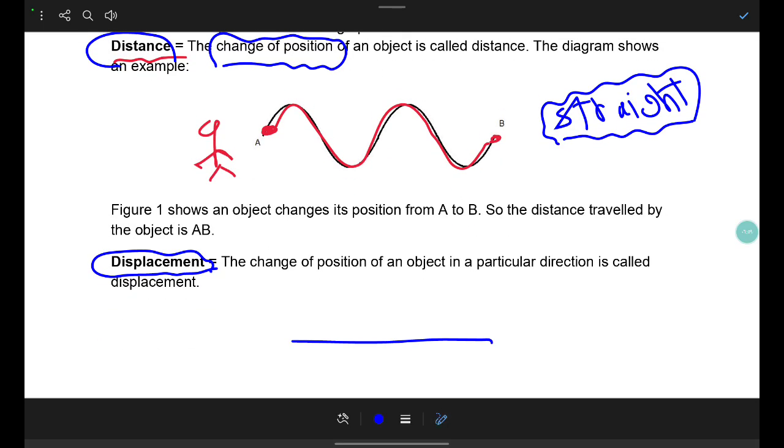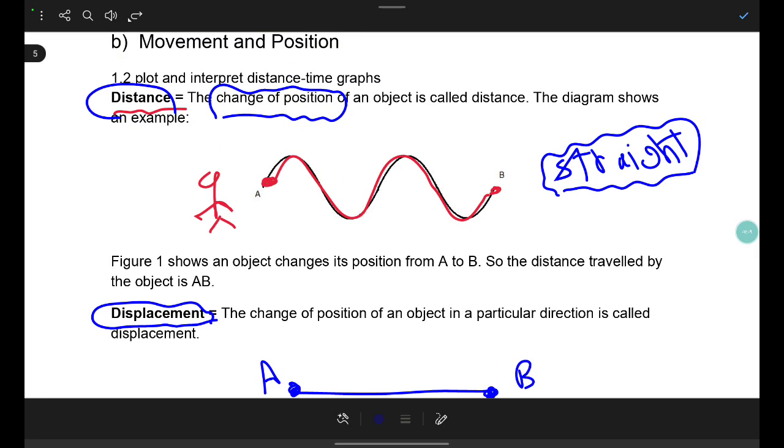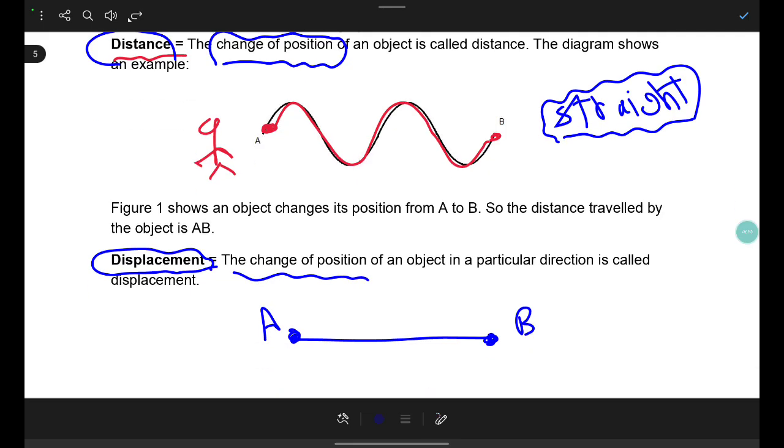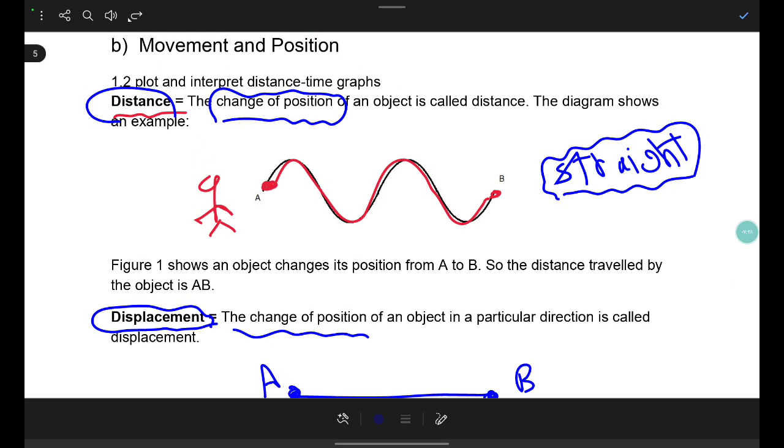Displacement is always a straight line from the starting point to the end. So distance, the change of position of an object, always isn't a straight line. Displacement, the change of position of an object, is always a straight line.